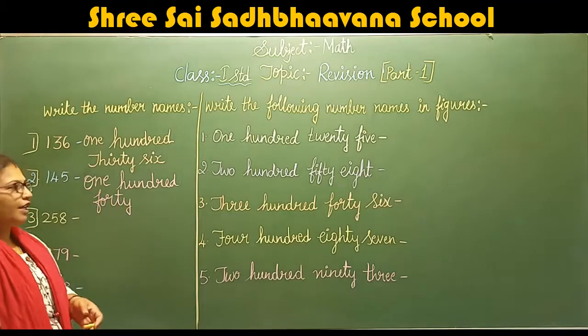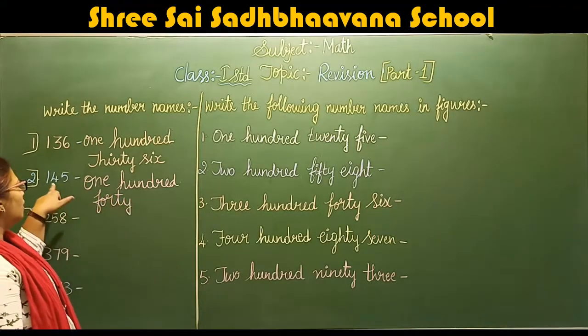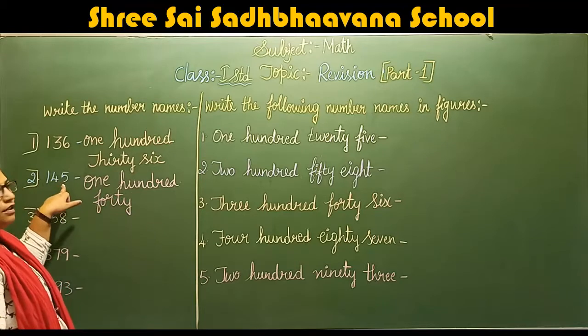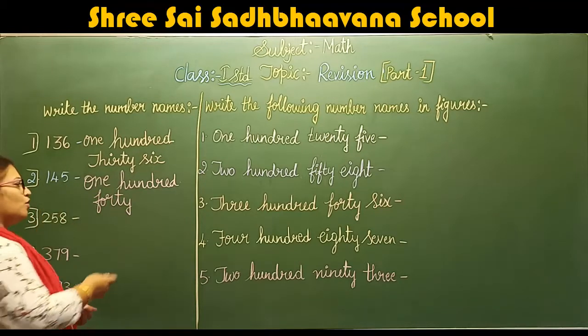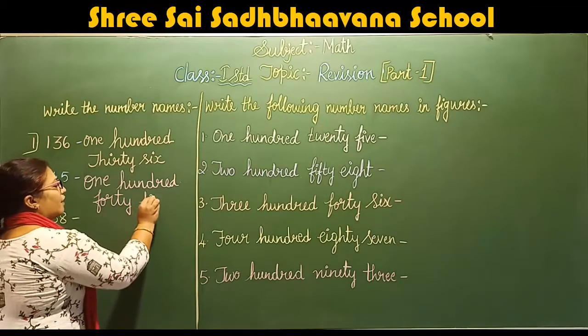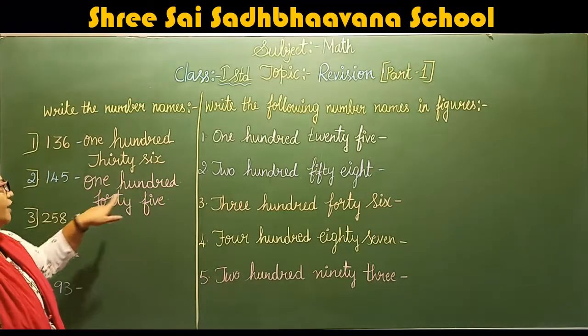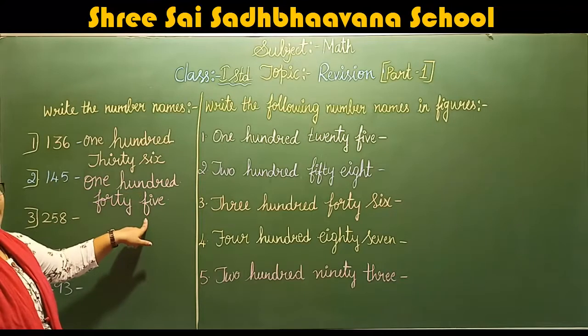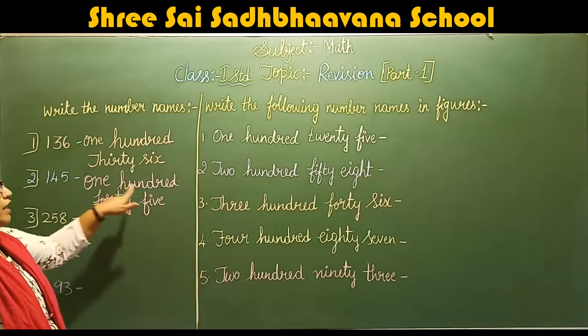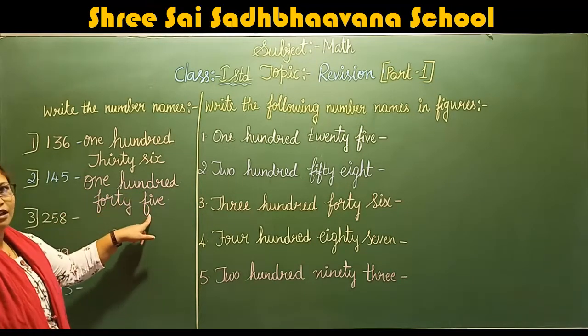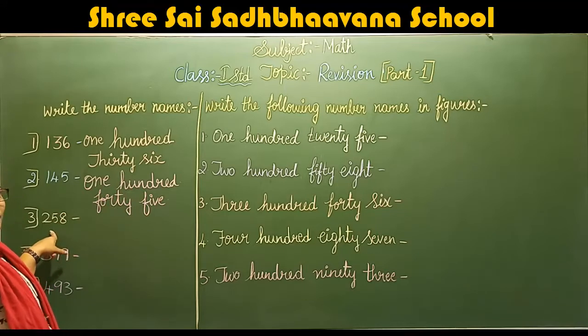F-O-R-T-Y. What is in the ones place? 5. So you have to write five. So you got the answer for 145.